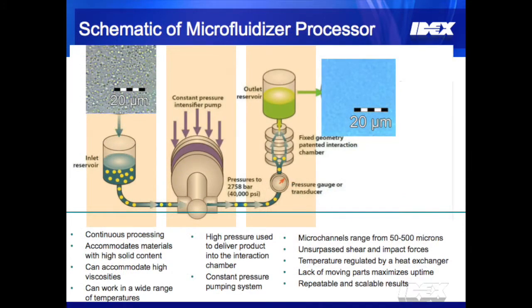This is the basic schematic of a microfluidizer processor. Essentially, there's an inlet reservoir which enables a continuous process of emulsions or suspensions. It can accommodate materials with high solid loading and also high viscosities and very high temperature ranges. One of the key characteristics of the microfluidizer is the constant pressure intensifier pump.